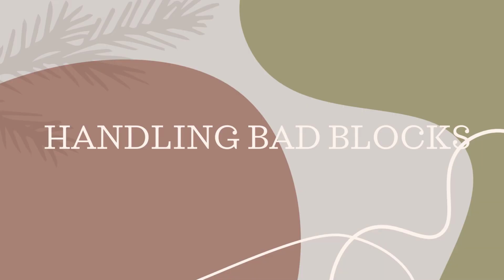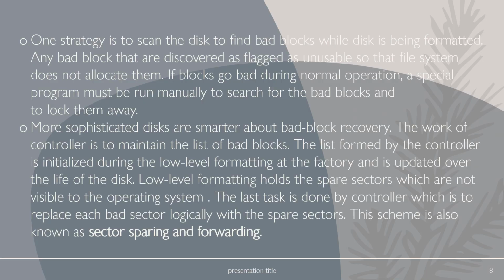And the last topic is handling bad blocks. How are bad blocks handled? These blocks are handled in a number of ways, but it depends upon the disk and controller. In simple disks, such as some disks with an IDE controller, bad blocks are handled manually.